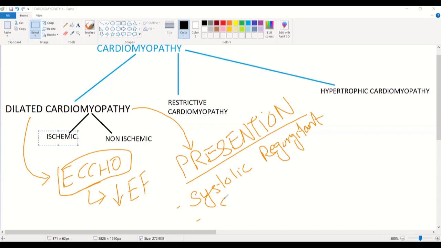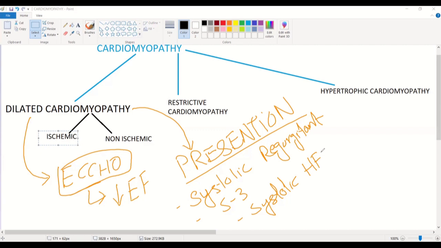S3 is present. So it will lead to systolic heart failure. Systolic heart failure features are present.